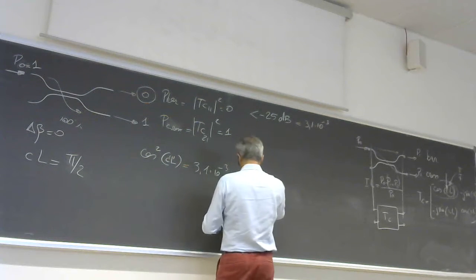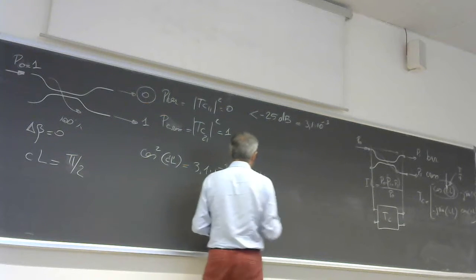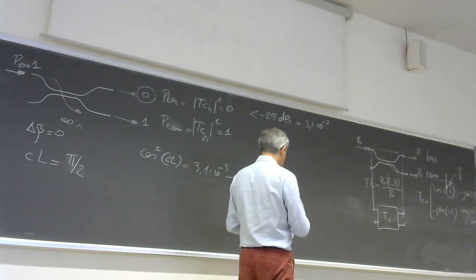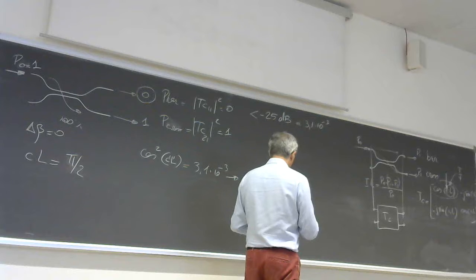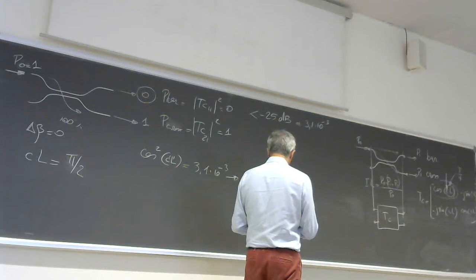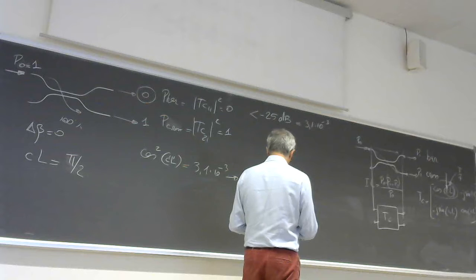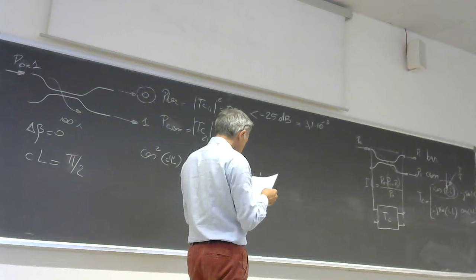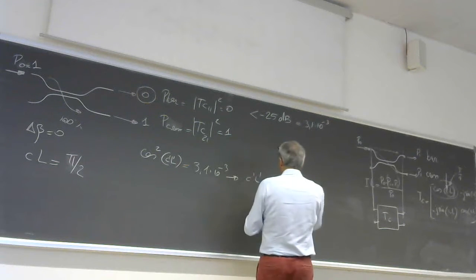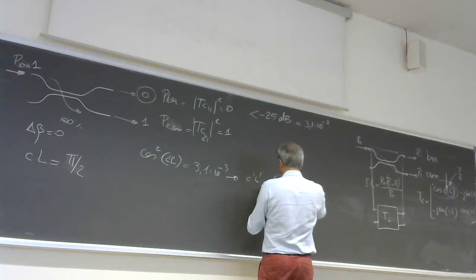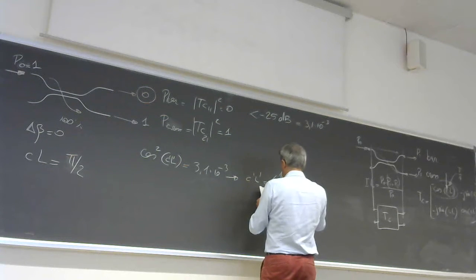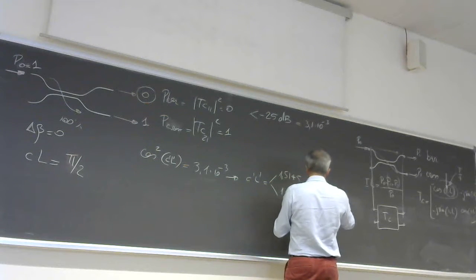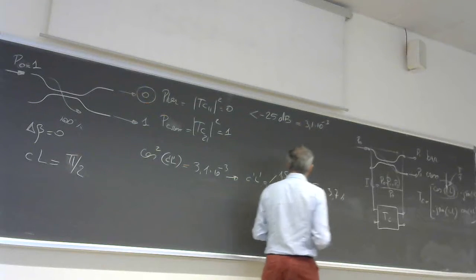It means that this perturbed CL can be 151.45 or 162.70 degrees. So it means half pi plus or minus 3.7%.